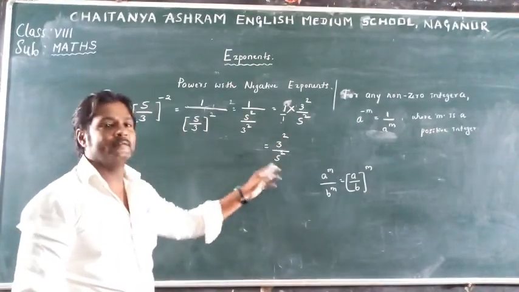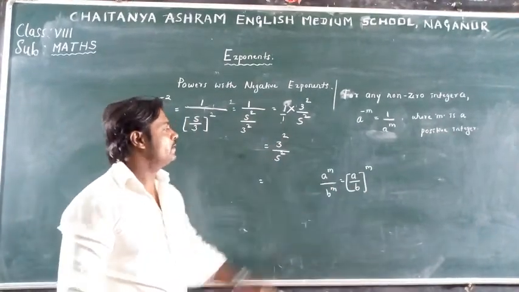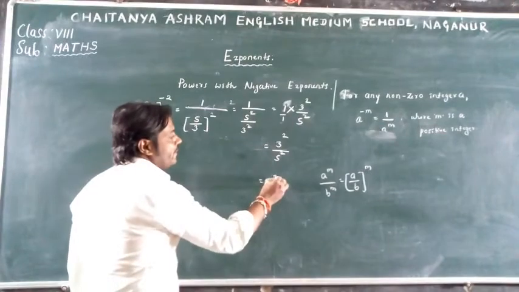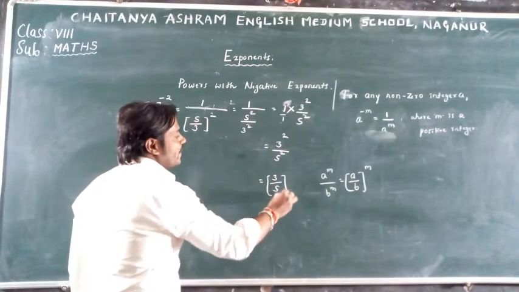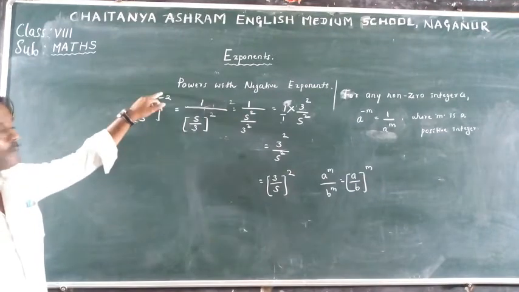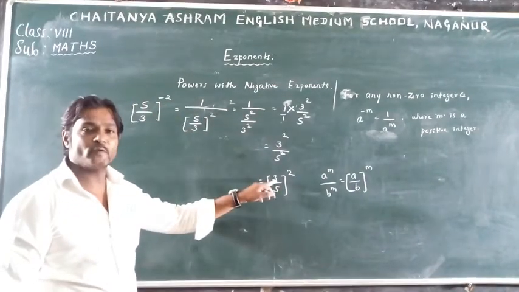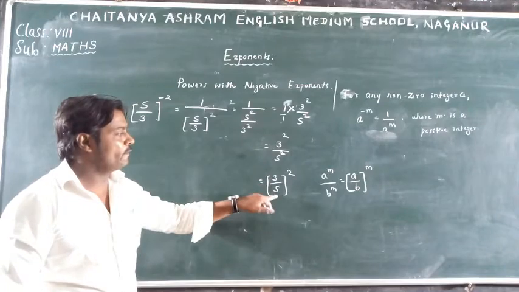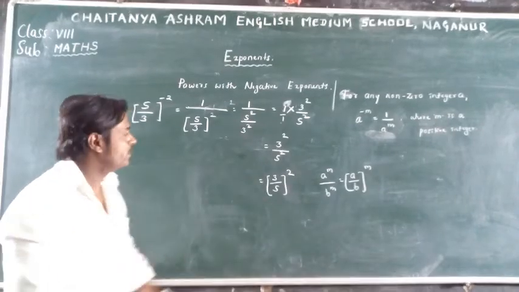This is also like fifth law, powers are same. So this is same as 3 by 5 raised to the power 2. So 5 by 3 raised to the power minus 2 is same as its positive exponent 3 by 5 raised to the power 2.